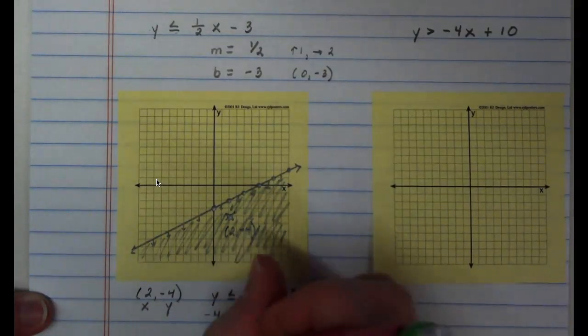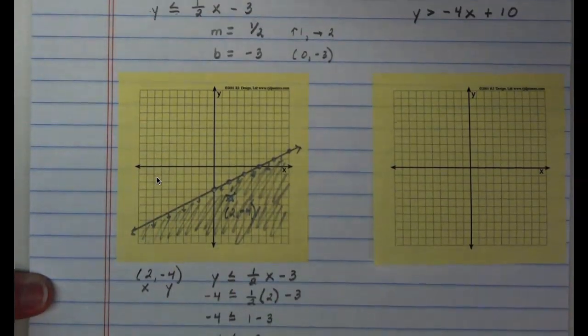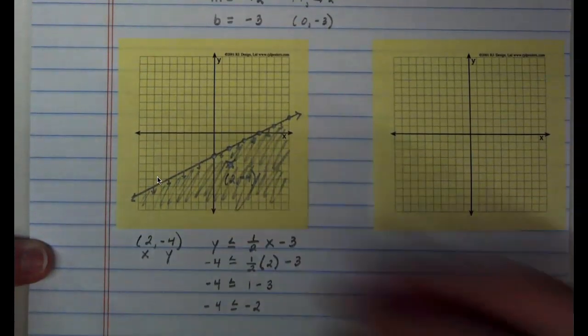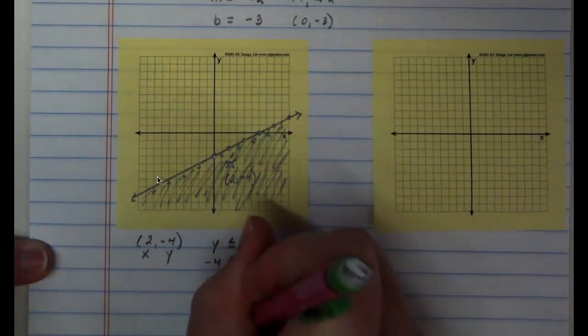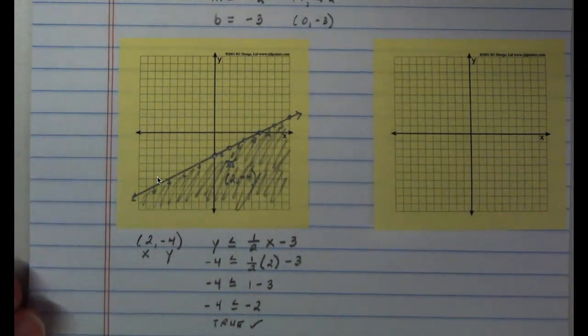So we have -4 is less than or equal to -2. And that's a true statement. So we know that we've shaded the correct area.